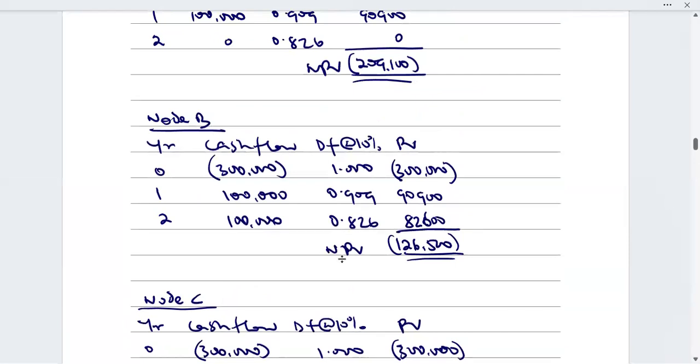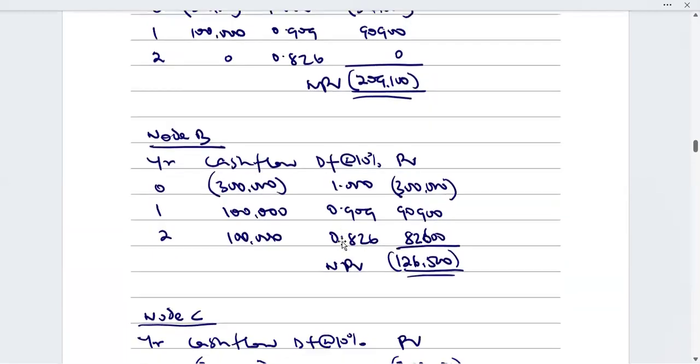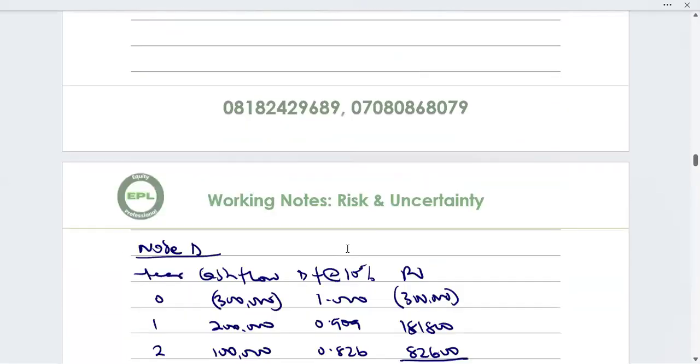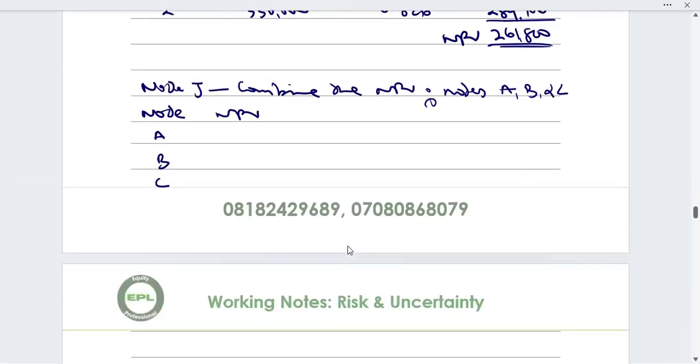What's the NPV of node B? We calculated 126,500. Node C, 43,900. All negative.